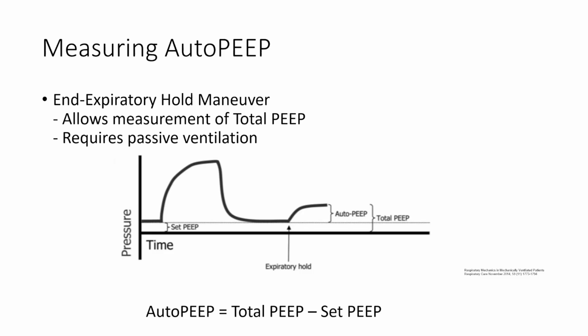The total PEEP in the system will be equal to the applied PEEP, which you set. And what you typically see is that if there's auto-PEEP, this waveform will start to bump upwards. So if you have a total PEEP and you subtract the applied PEEP, that will give you the intrinsic PEEP, and you'll know what the intrinsic PEEP is simply from that simple calculation.